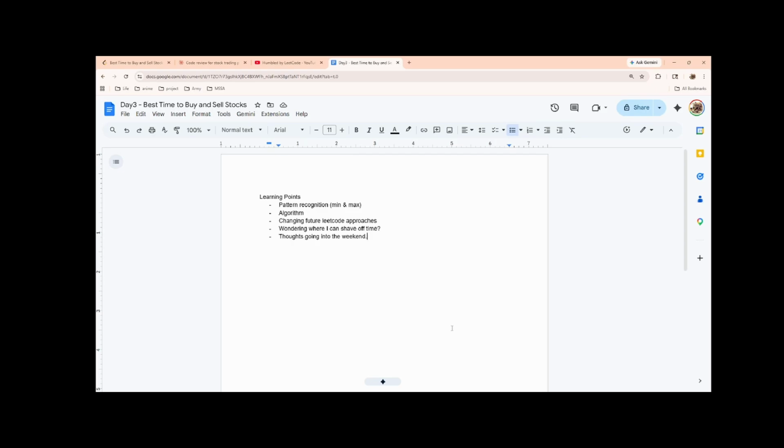For example, whenever there's a problem involving minimum and maximum, I've noticed that some of these problems have you keep that variable outside and just update it and work with it, as opposed to trying to work through it constantly, like how I was approaching this problem.